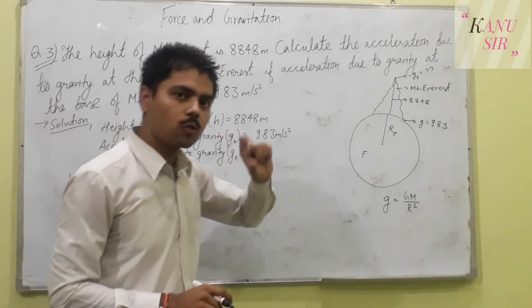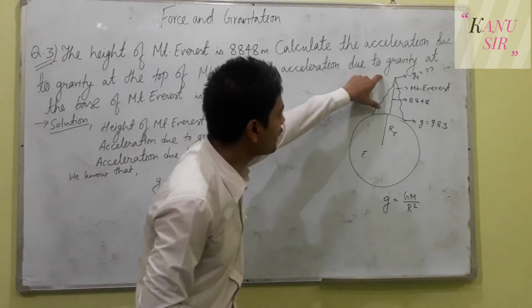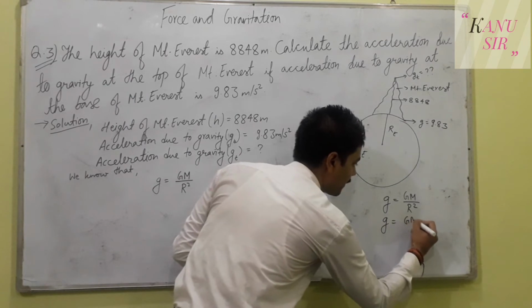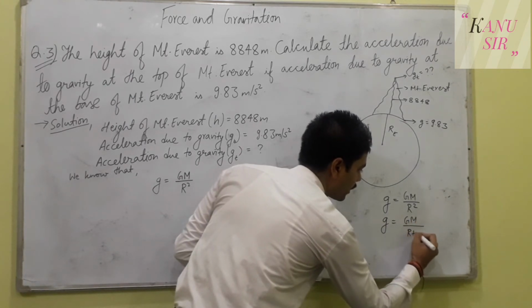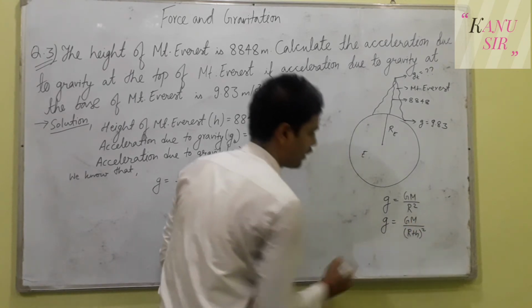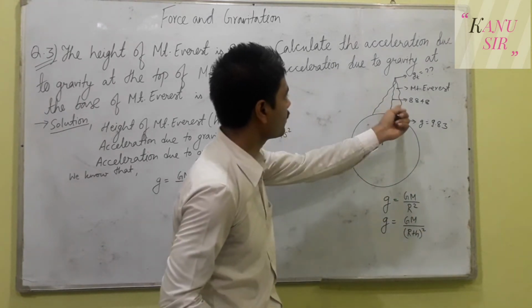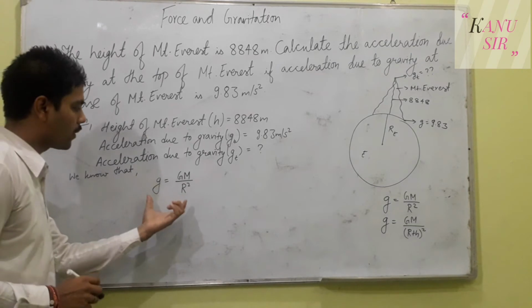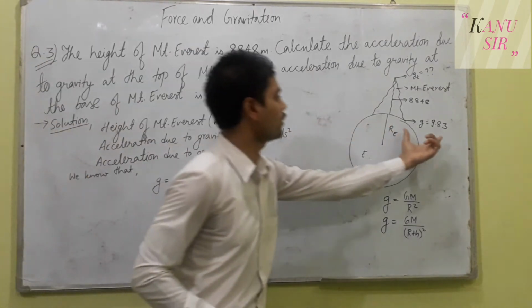But like in question number 2, when the height increases, the formula of g becomes GM upon (R plus h) whole square. This h is the height of Mount Everest now. So first we'll take the normal formula for the base.